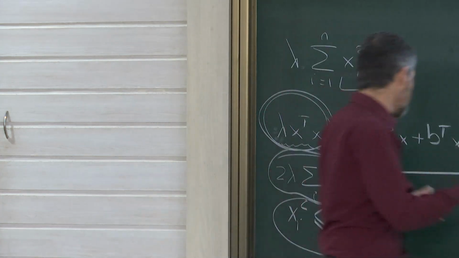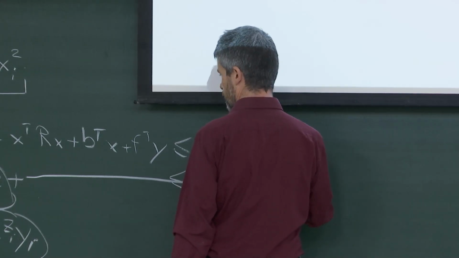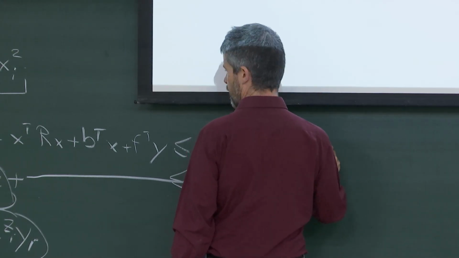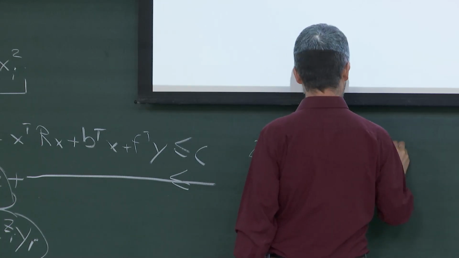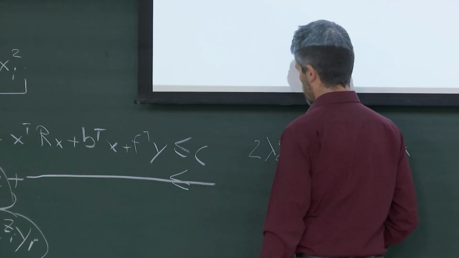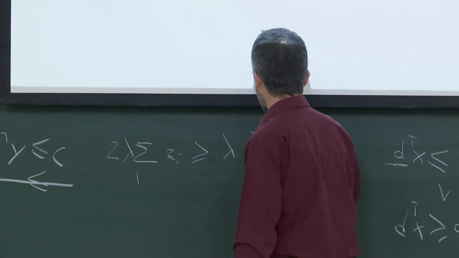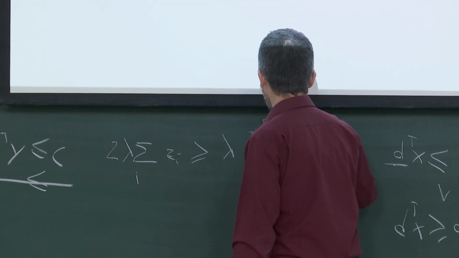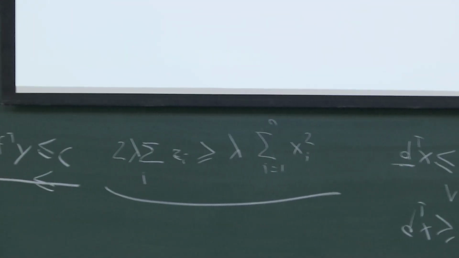So the proof, we would like to prove, in fact, that 2 lambda sum over i of zi is greater than or equal to lambda times x transpose x. Or let me write it explicitly, sum over i from 1 to n of xi squared. Can you prove this with the extra inequality underneath?